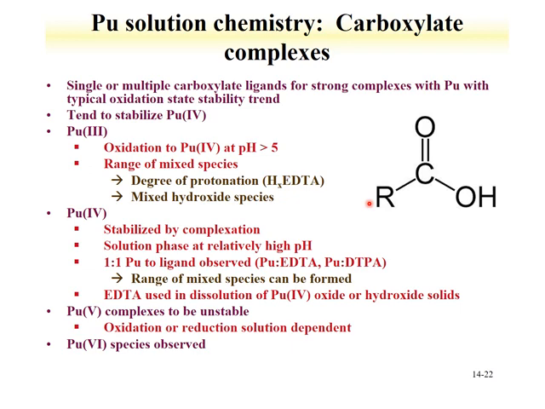So for instance, at pH 5, you can form an EDTA plutonium compound that'll be in solution, whereas the free metal ion would just be a hydroxide or precipitate species. For this reason, compounds like EDTA are used to dissolve plutonium-4 oxides or hydroxides into solutions. The plutonium-5 compounds are unstable, and they will oxidize or reduce depending upon the solutions. And plutonium-6 species are similar to the uranium-6 species. They've been observed, and they've been used for solubilizing plutonium.